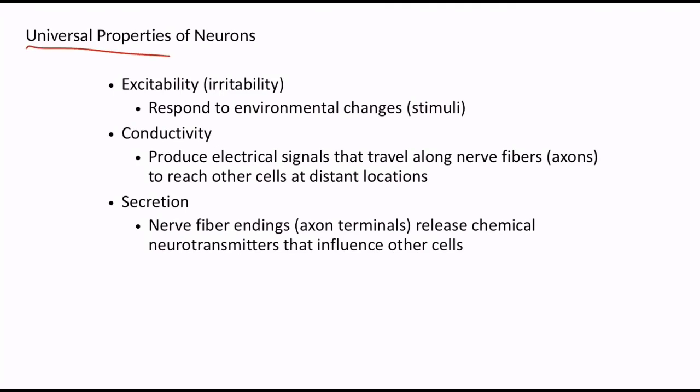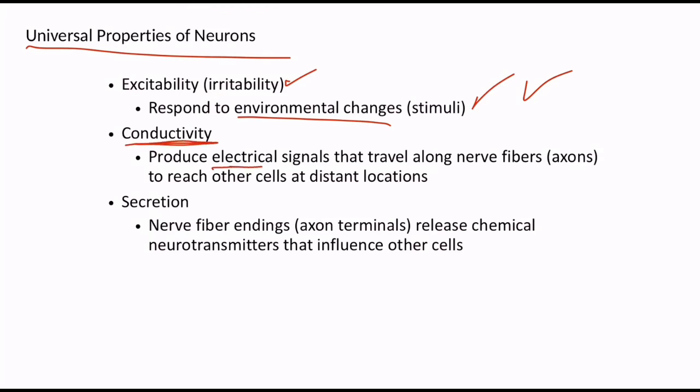Some general and universal properties of neurons, things that we can always hopefully depend on them to be able to do. Hopefully, they're going to get excited at some point, not all the time, but every once in a while. That means they're in a communication circuit. They're responding to environmental changes. Now remember, environmental change can be inside or outside. They need to have this very interesting property of conductivity.